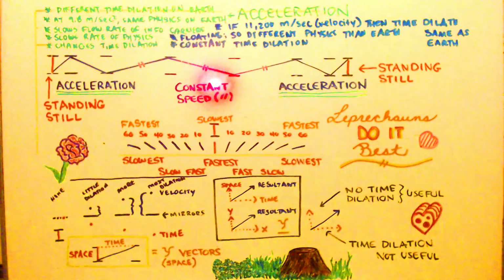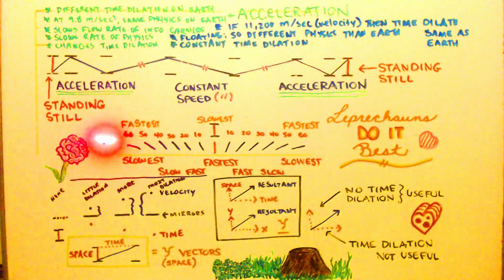But you can have the same time dilation if you're moving at 11,200 meters per second, because that's the escape velocity of Earth, okay? So you'll have the same time dilation, but you'll never, ever have the same physics. Over here, you will never, ever have the same time dilation, because even if you were going at 11,200 meters per second velocity, you're accelerating, so you will only be there for, what, a second?